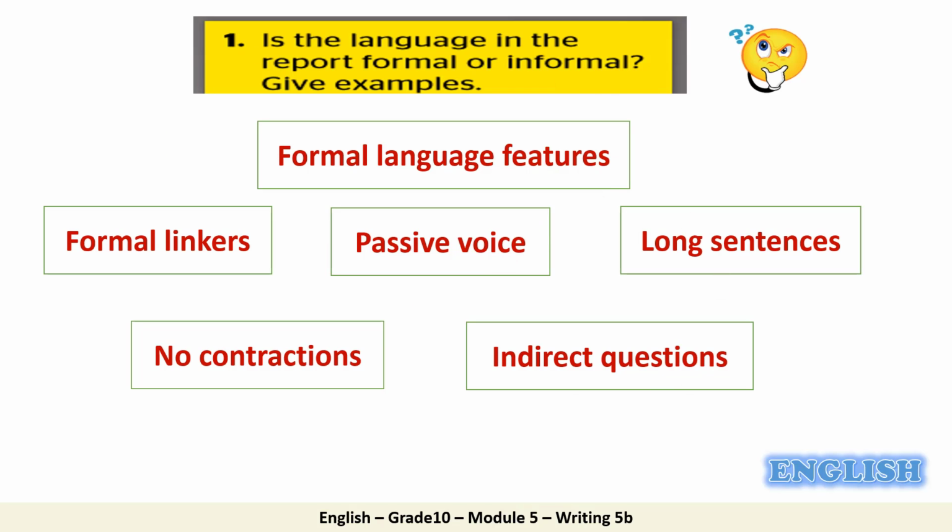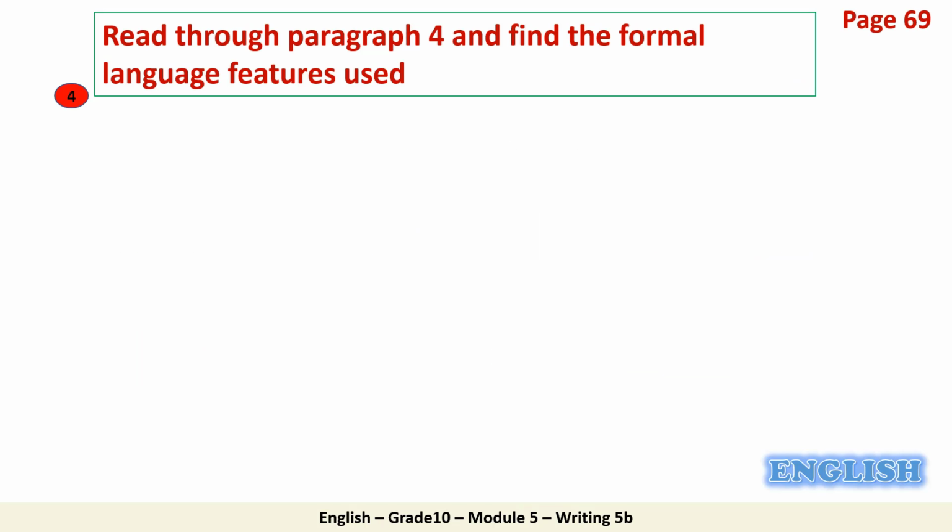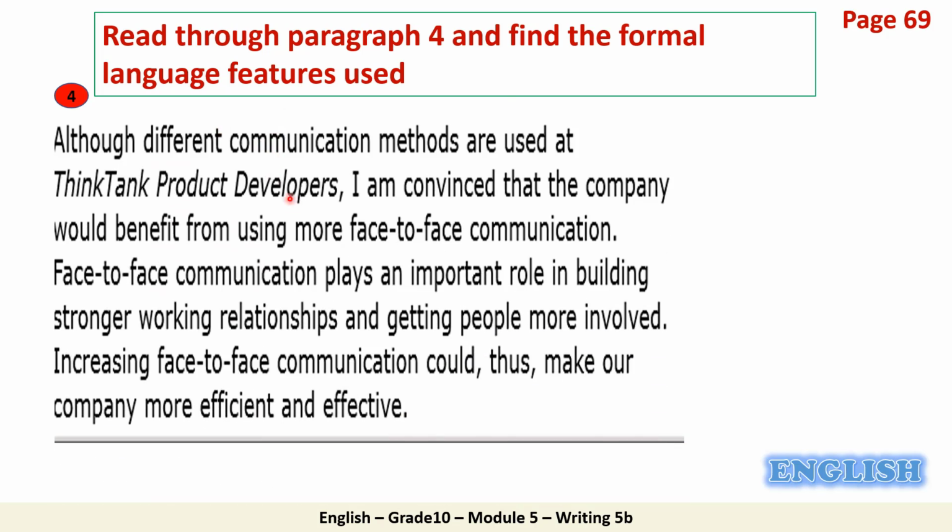Now let's try to look at the text and decide if the writer used formal or informal language. Let's read through paragraph 4 and find the formal language features used. So, take a look at the paragraph, pause, and try to find as many language features as possible. Let's brainstorm your answers.